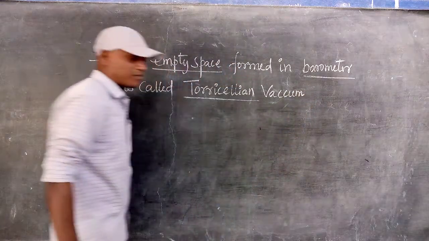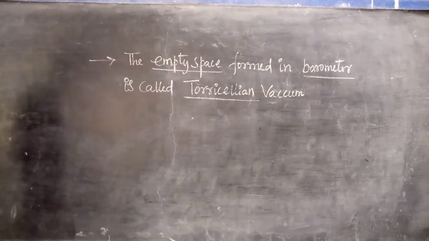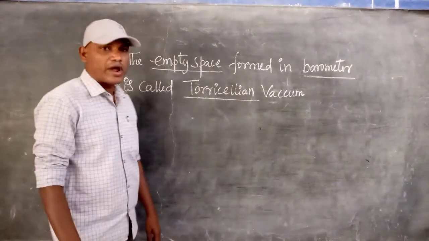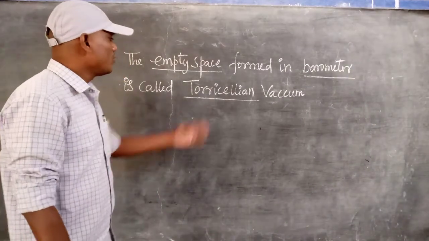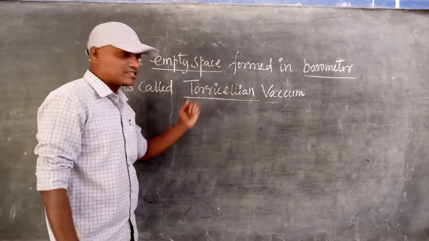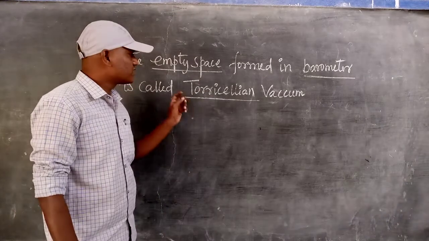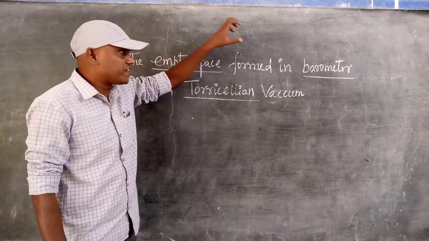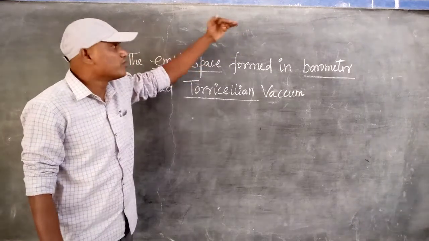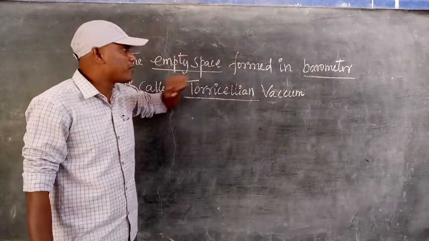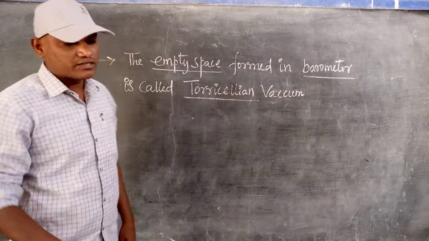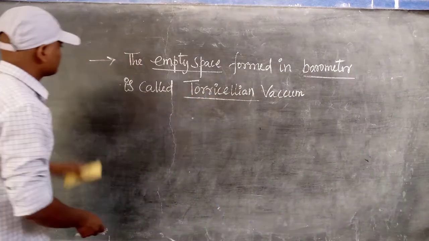It is important for that purpose. The empty space above the mercury level formed in a barometer is called Torricellian vacuum. Who invented the barometer? The scientist Torricelli. That's why the empty space formed above the mercury level in a barometer is called Torricellian vacuum.